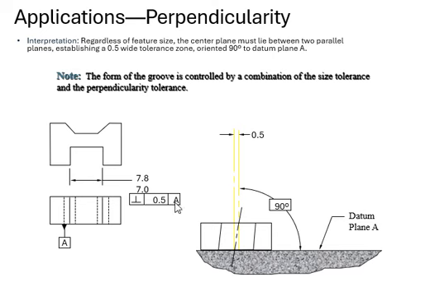Our feature control frame is telling you we're looking at the perpendicularity here, 0.5 is our perpendicularity tolerance, and we are using the datum plane A for it. And of course, we're measuring the axis this time.